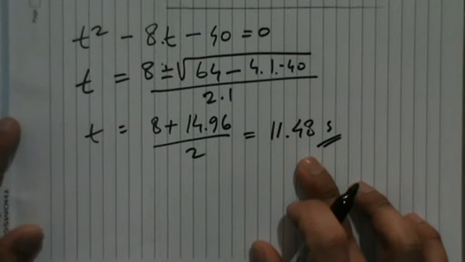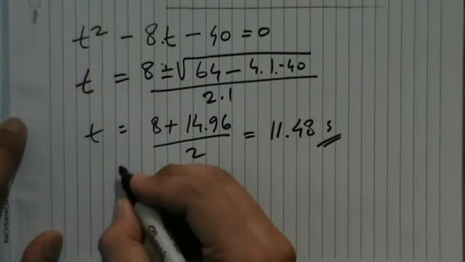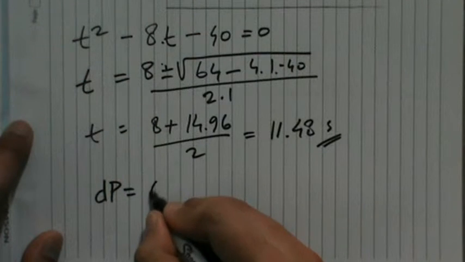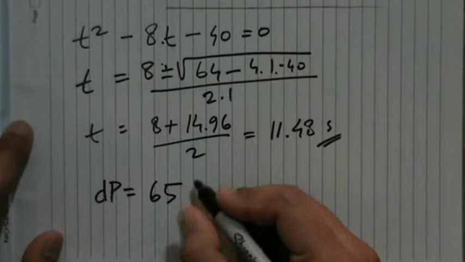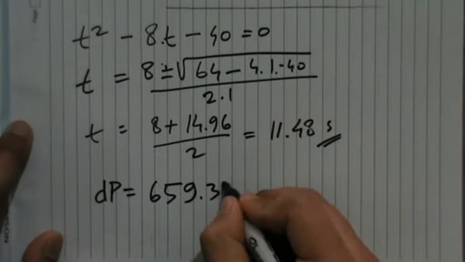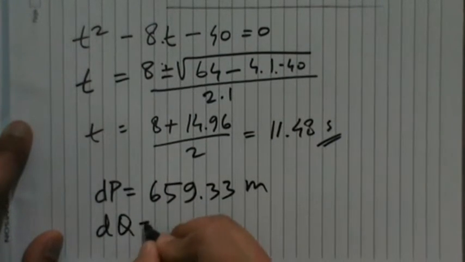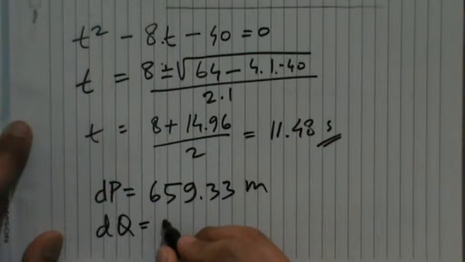And if we calculate the distance traveled by P, it will be 659.33 meter, and the distance traveled by Q will be here 500.